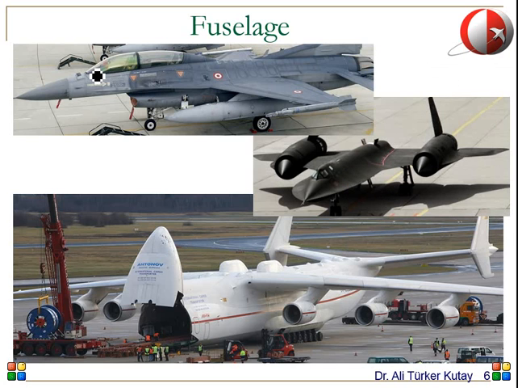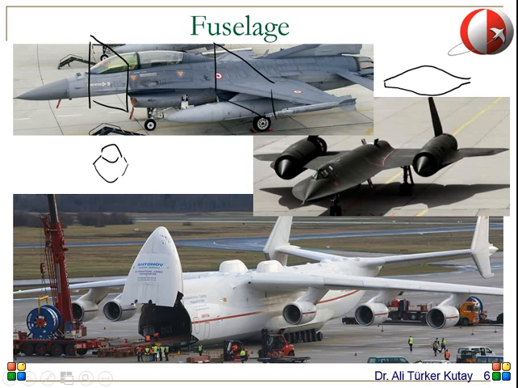For example, if you take a cross section here, what you will see probably will be something like this. You see this place here where the pilot sits, and then it will be something like that. Or if you take a cross section here, it will be wider. So as you see, the cross section keeps changing.